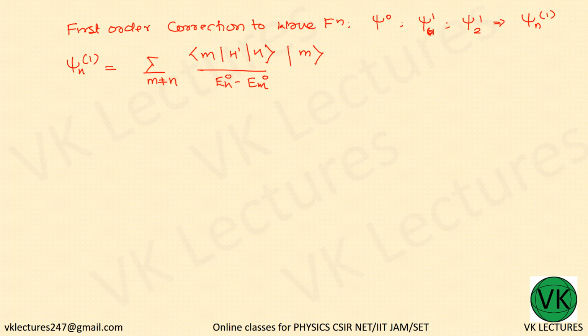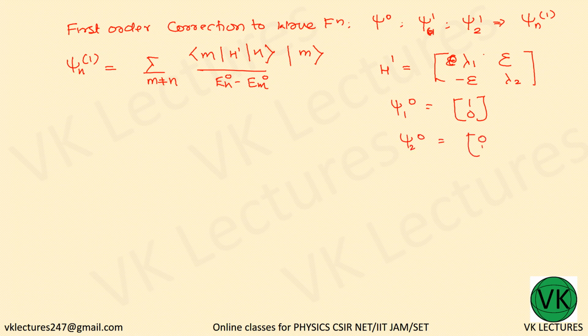Now with respect to the question that we have, our h dash is equal to lambda 1 E minus E lambda 2, then psi 1 naught is equal to 1 0, and psi 2 naught is equal to 0 1.